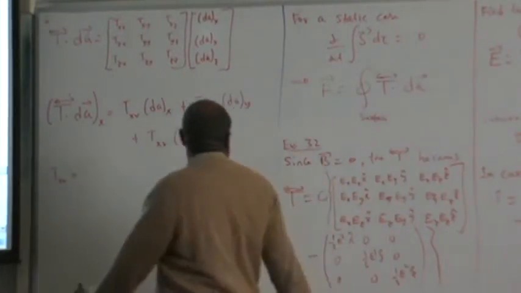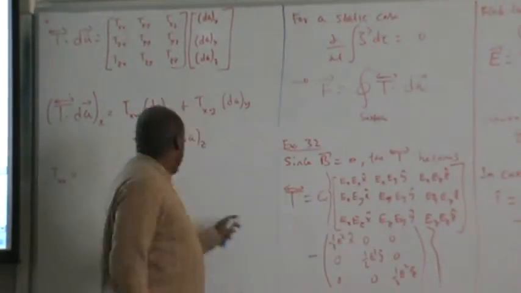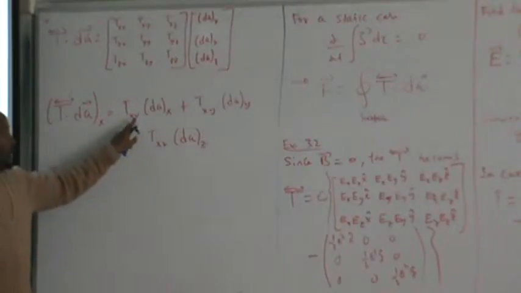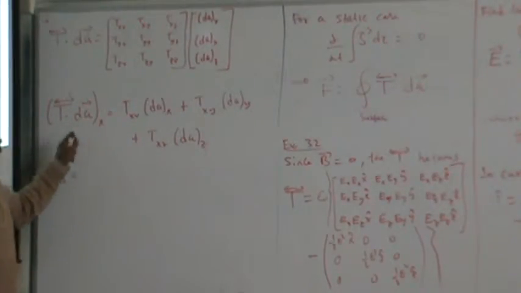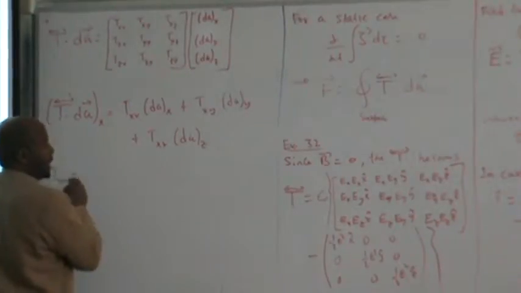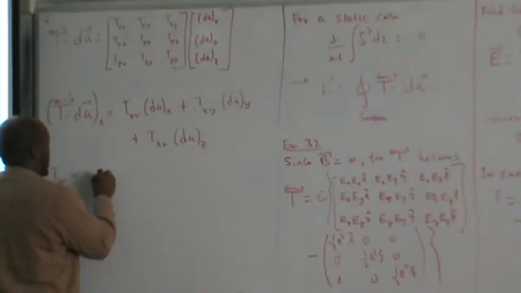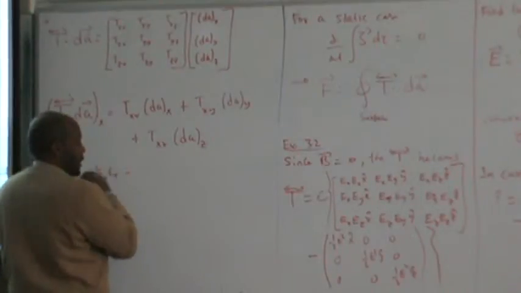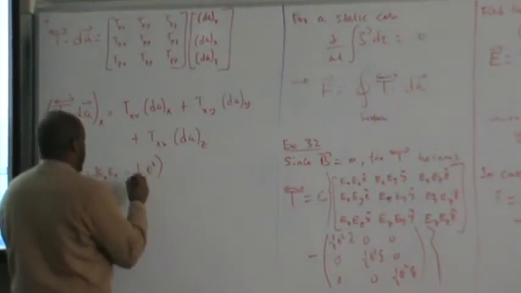So that's going to be without the unit vector x, because I've already taken the effect of the unit vectors dotted with the unit vector for the area. So what you would have here is epsilon naught Ex Ex minus half E squared.